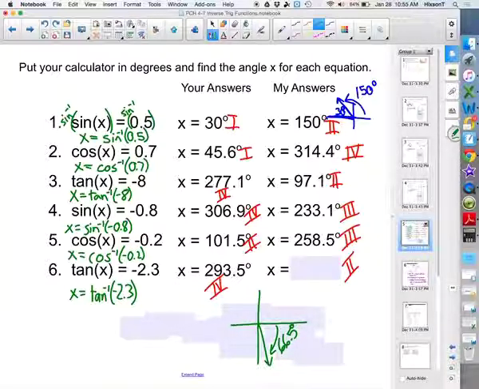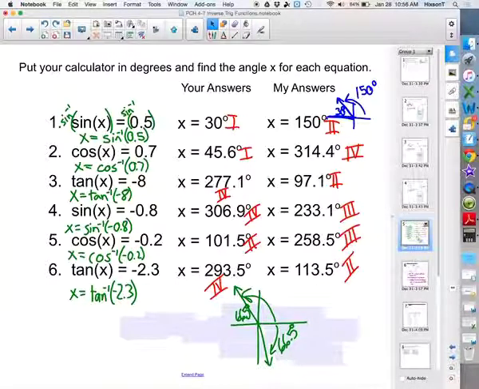We need that same reference angle in the second quadrant, right? So this answer right here is going to be this angle. 113.5. Okay? How'd you do that? Oh, you just subtract from 180 to get it.